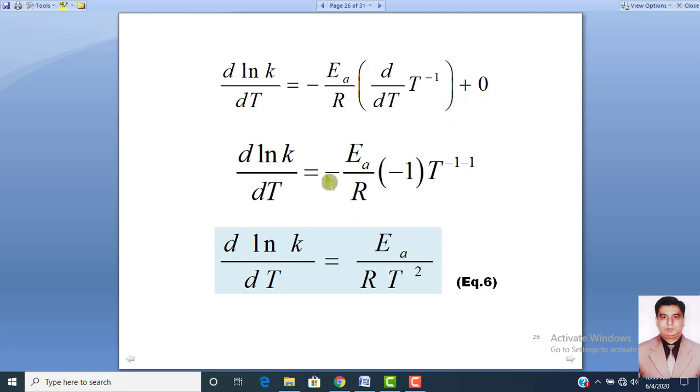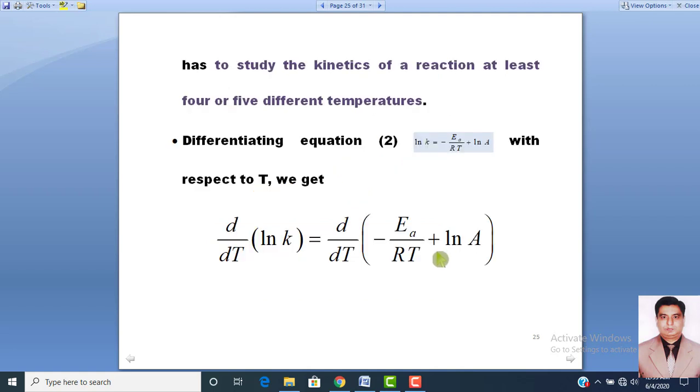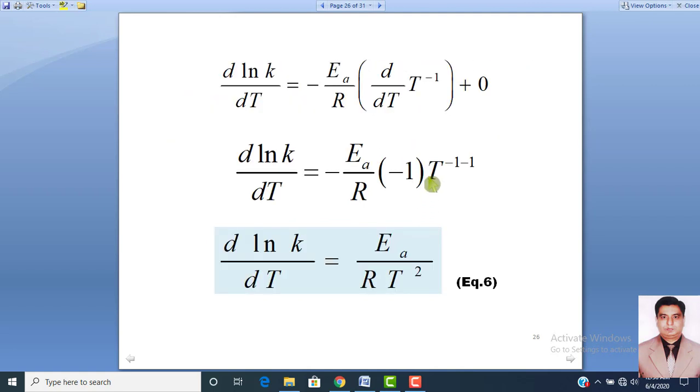According to rules of differentiation, the right hand side can be written as Ea over R into minus 1 into T raised to power minus 1 into minus 1, because the temperature was in the denominator, so now it is in the numerator with power minus 1. So by applying the rules of differentiation, we will get equation number 6.